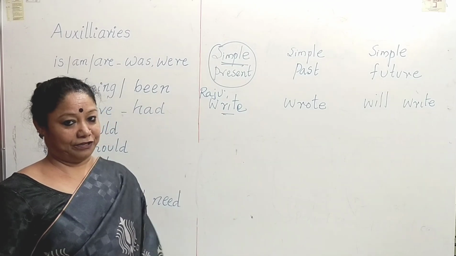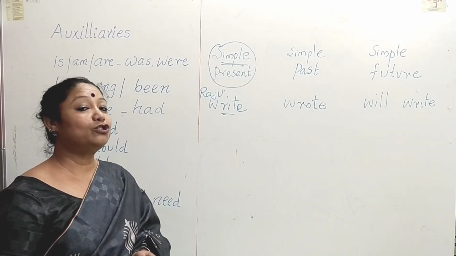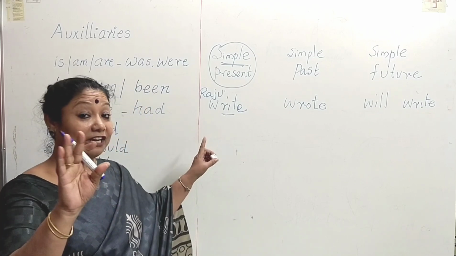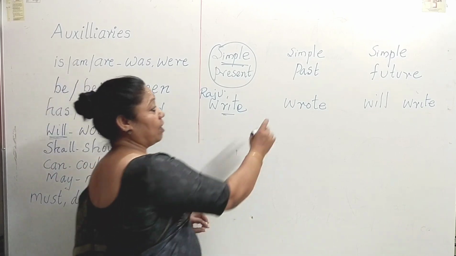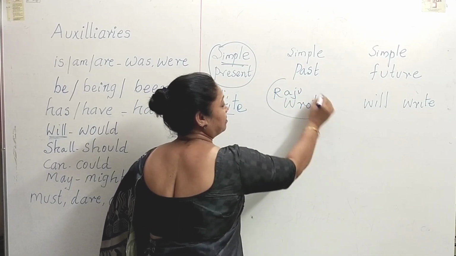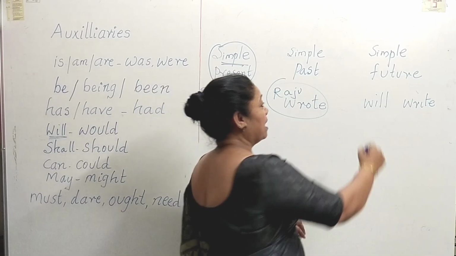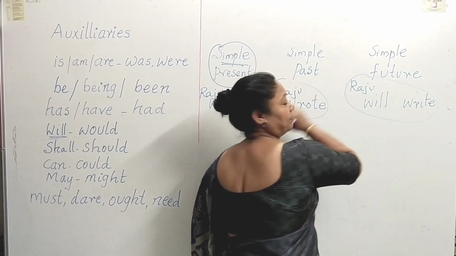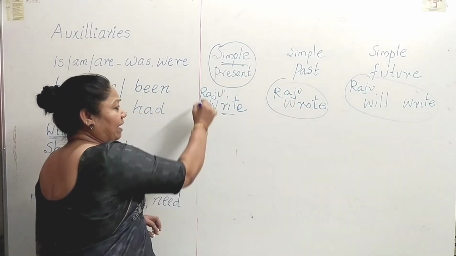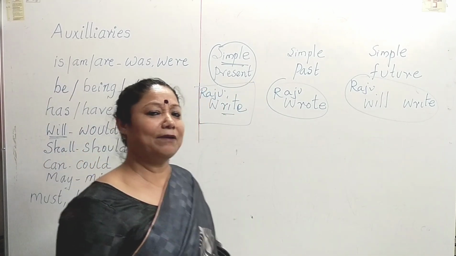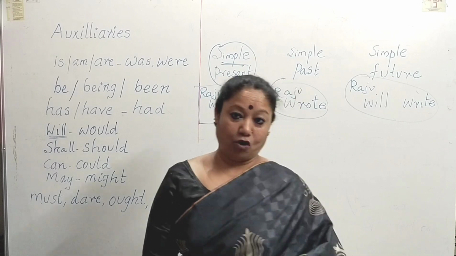Raju write. I'll come back to it. Today Raju write. Whether it is right or not, I'll tell you. Simple past tense, Raju wrote, exactly right. Future, Raju will write.